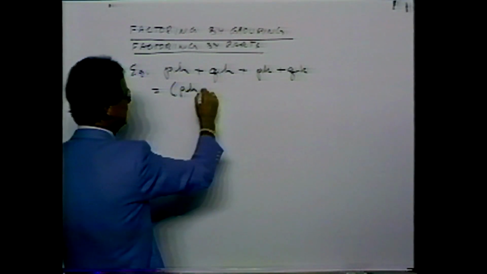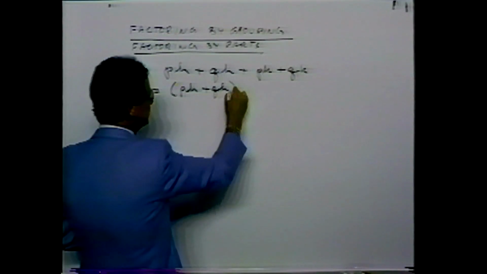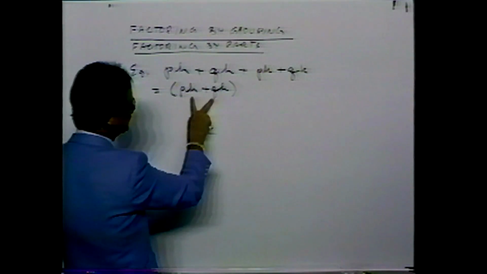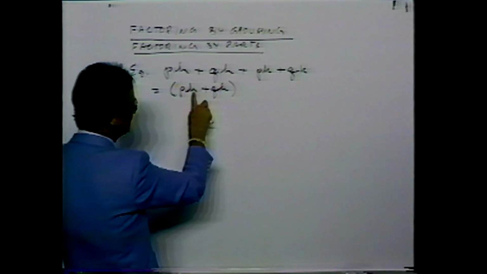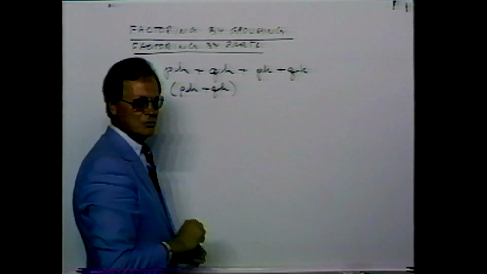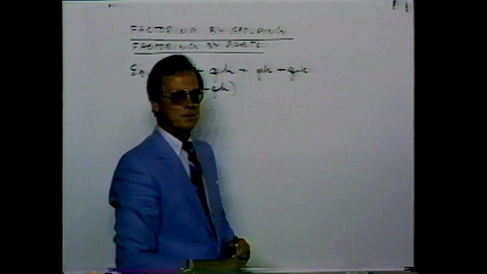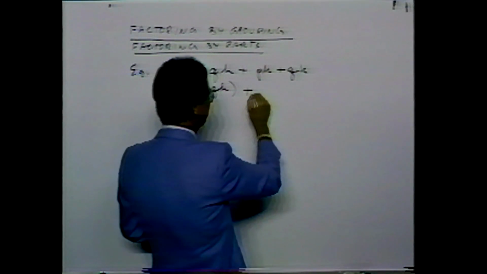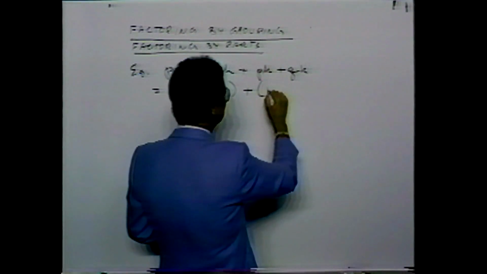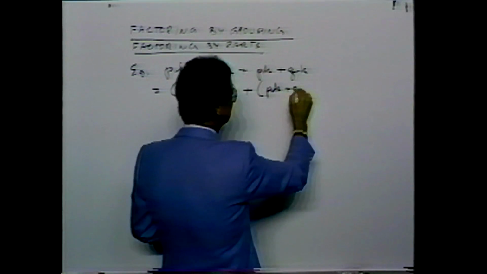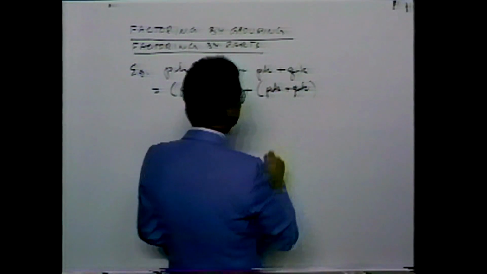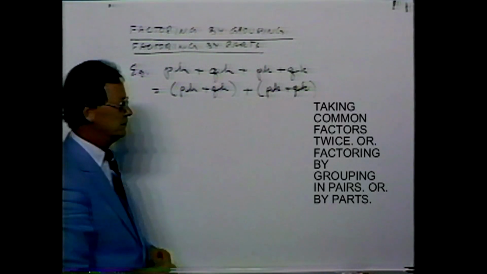Notice pH plus qH results in an expression with h as a common factor. Remember doing that? That was the first type of factoring that we studied. Similarly, if we bracket pK and qK, we end up with the same kind of situation.